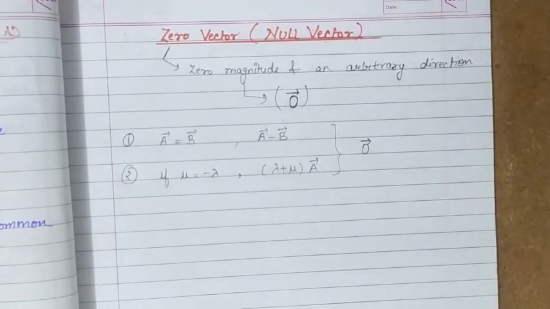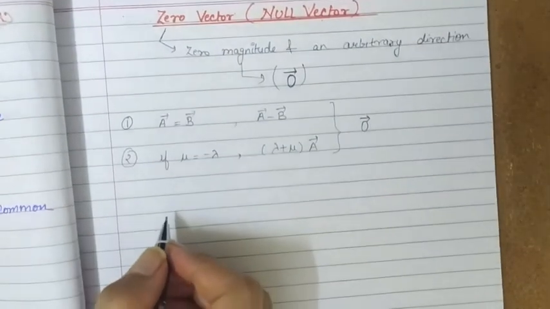One more example: if we have an object that is stationary and we want to express its velocity vector, then we know that there is no velocity, but it is still a vector, so we have to write it as zero vector. Similarly, for an object moving with uniform velocity, which has acceleration 0, we have to represent acceleration by a null vector or a zero vector. So these are the physical examples where we need zero vector.